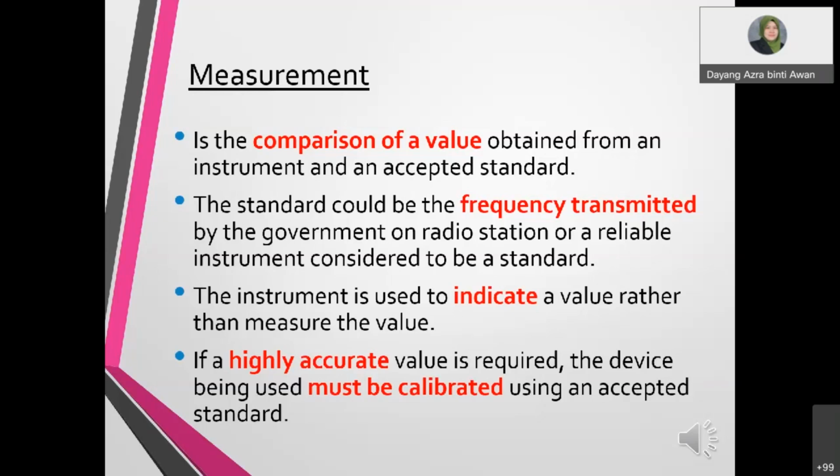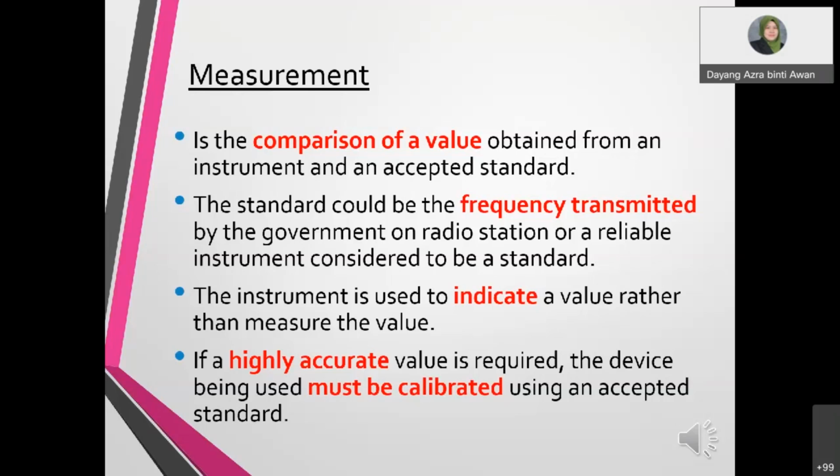Okay, for the equipment standard, that one depends on the companies that provide that type of equipment. And then we have instruments, which are tools for you to do the measurement. We have the multimeter and so on. Inside the instrument, there is what we call the measurement, to calculate the value of the current, the voltage, and so on.